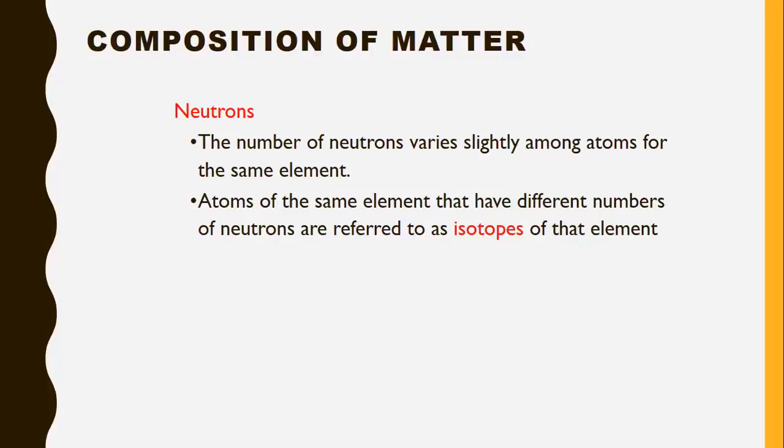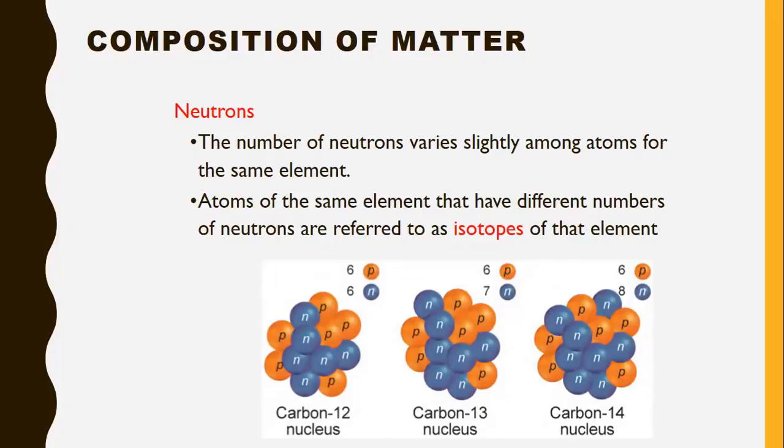So going more into neutrons. All atoms of an element will have the same number of protons but can have a different number of neutrons. When they have different numbers of neutrons, it's called an isotope. So this carbon right here has 6 neutrons, 7 neutrons, 8 neutrons. And when you change the number of neutrons, you change the mass of that element.